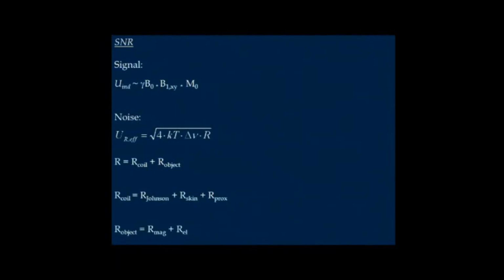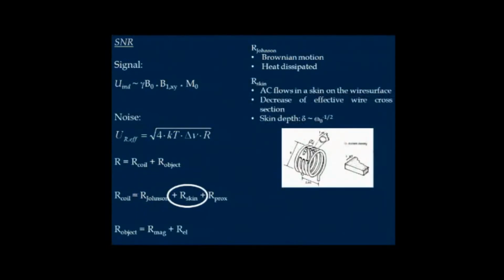The resistance, or the losses, divide into the coil losses, related to the coil and the whole electronic setup, and the losses related to the object. If we look at the coil first, of course, as Andrew already mentioned, the Brownian motion, this Johnson noise or resistance, is simply due to the temperature and the movement of molecules and atoms within. Then, in addition to that, you have a so-called skin effect.